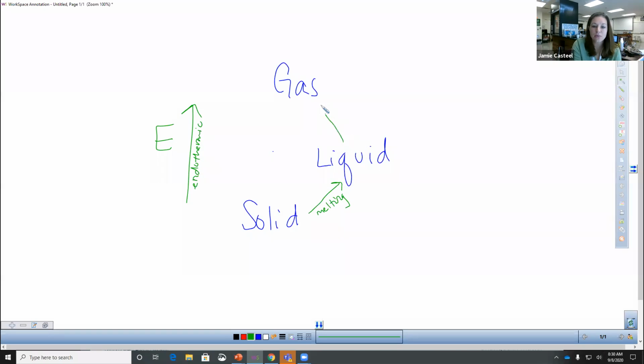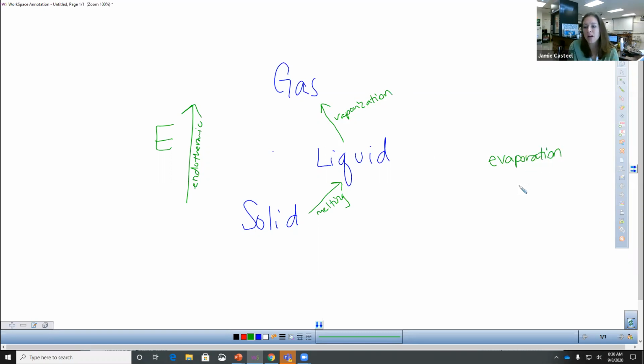And then if it goes from liquid to gas, the particles are gaining energy again, and we call this vaporization. Now, that is the same concept as boiling, and it is different than evaporation. Let me talk for a second about evaporation.